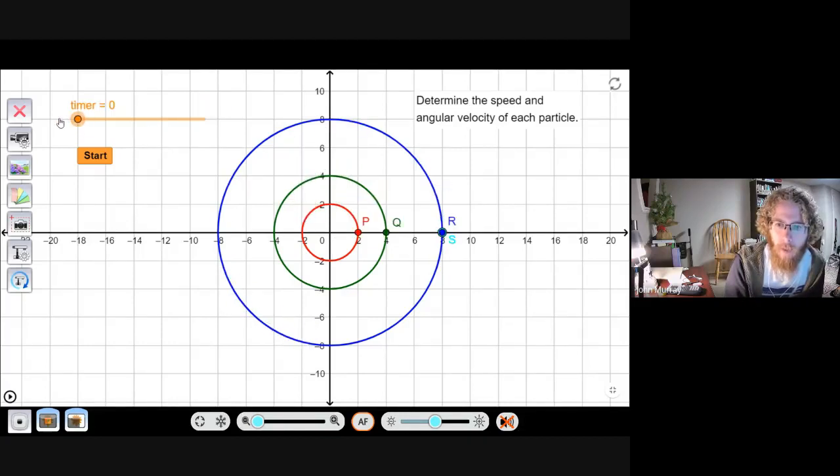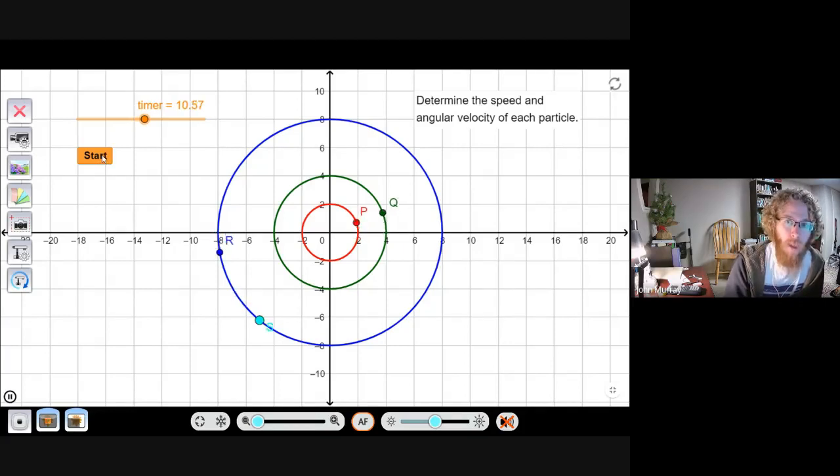Going back, they start at the x-axis, and after, I forget what it is, maybe 9, 10 seconds, at 10 seconds they end up at the same spot. So if we're talking about the angular movement, they both traveled the same distance in 10 seconds. They did one rotation in 10 seconds, one rotation in 10 seconds for both P and Q. So their angular speed is the same.